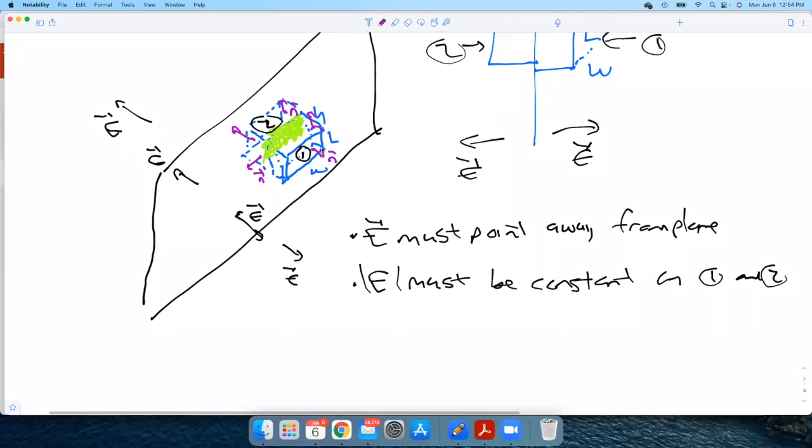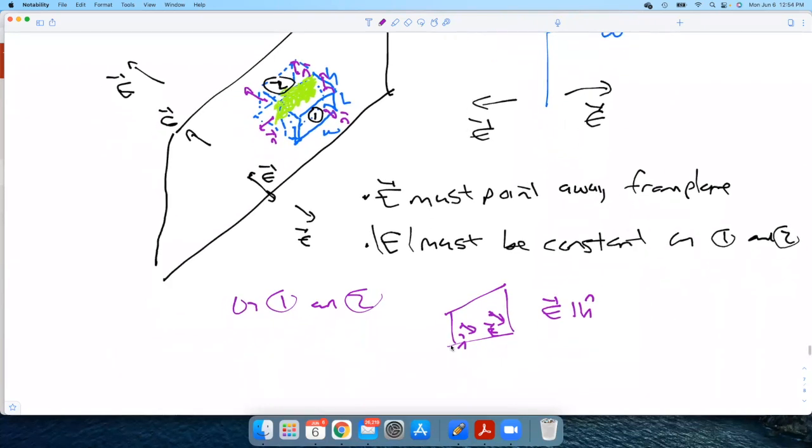So on this front surface, on 1 and 2, I've got some E pointing out, and N points in the same direction. E is parallel with N. So we'll have some flux flowing through there.